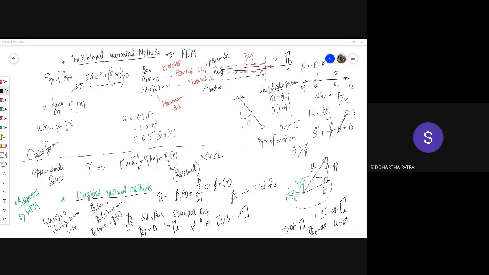Of course, variations must satisfy the condition that they should be zero at gamma u, whether at one end or both ends. But that is only the condition for a function to be qualified for a variation. That doesn't mean that whatever function qualifies is actually the variation.